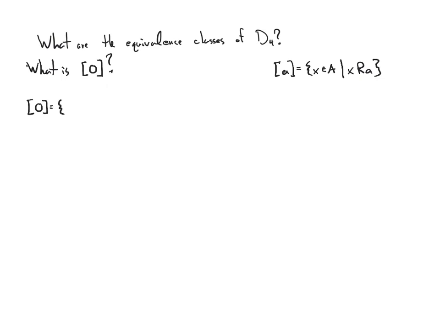Let's think about it. Well, we want all numbers, let's call them b, so that 4 is a factor of 0 minus b. So what does that mean? That means that, in this case, negative b equals 4 times some integer c.